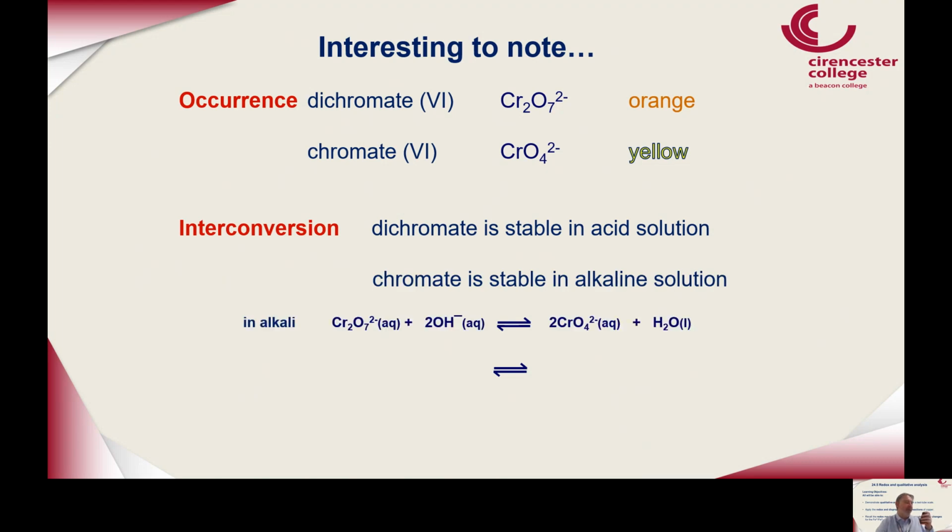So in alkali, the dichromate becomes chromate, chromium 6, which is yellow, so it goes from orange to yellow. And in acid, the chromate ion becomes dichromate, because we've added the acid. So that's the interconversion.